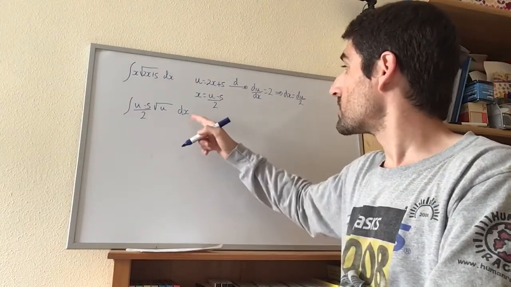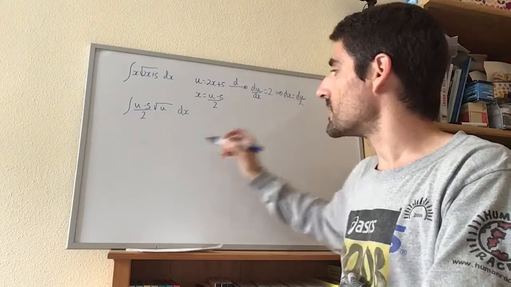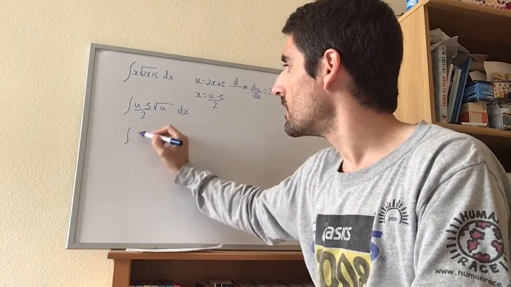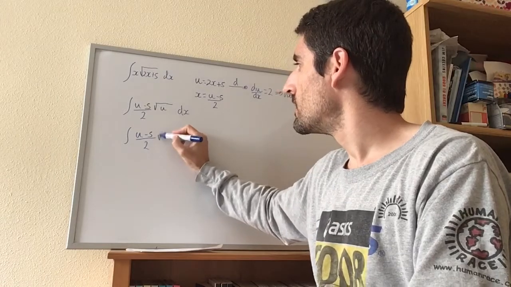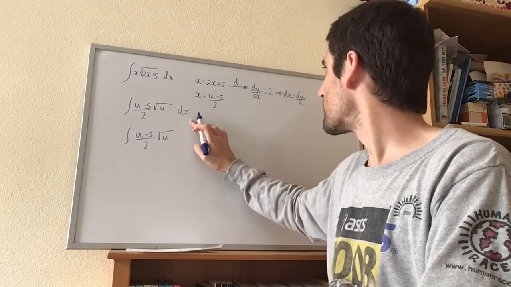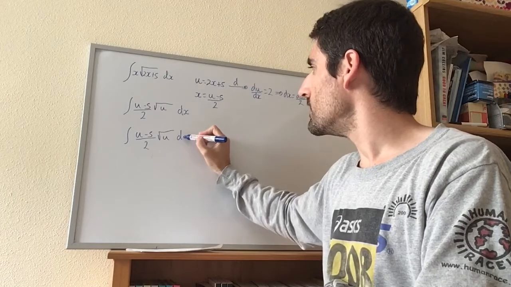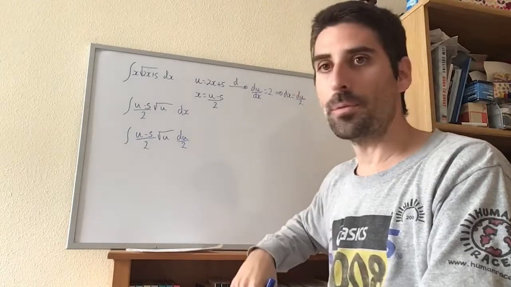So I substitute this for this. My integral ends up being u minus 5 over 2 times root u, and instead of dx, I write du over 2.